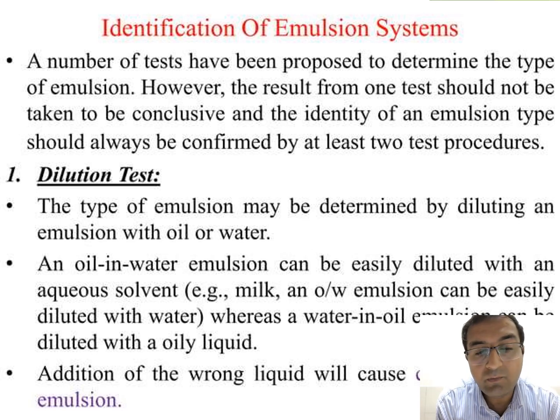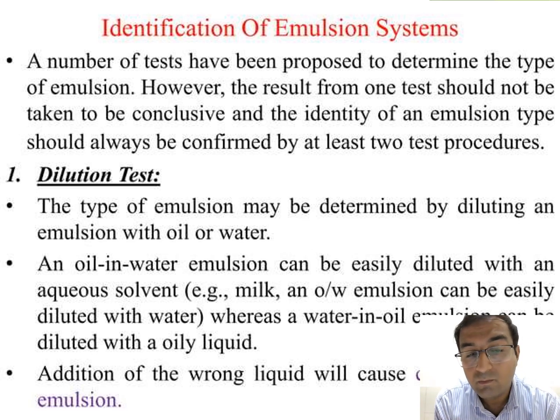And vice versa for water in oil type. When you add water into a water in oil emulsion, it cannot be mixed, so it differentiates between the two types of emulsions.